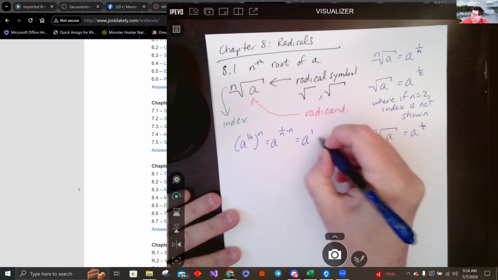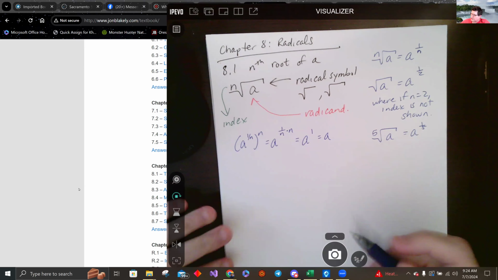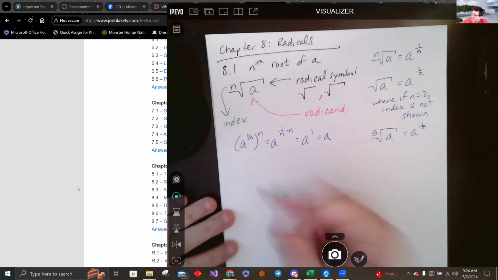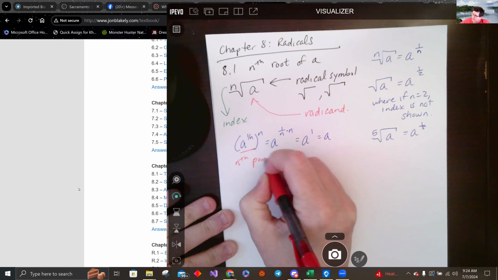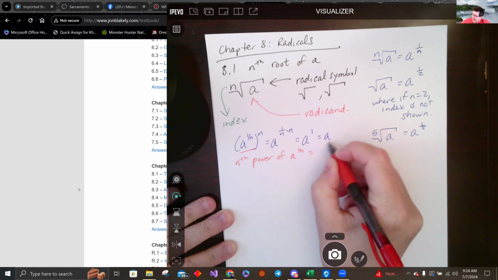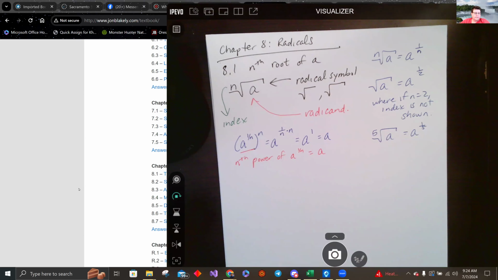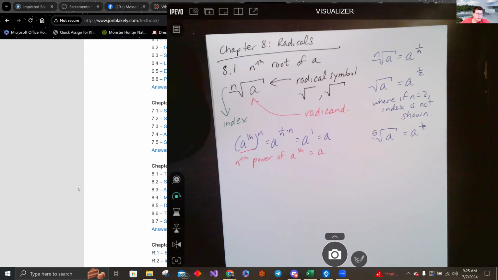We have A to the first, which is A. So this wraps up to the nth power of A to the 1 over N equals A. So that's kind of the definition of a radical, what the terminology is.